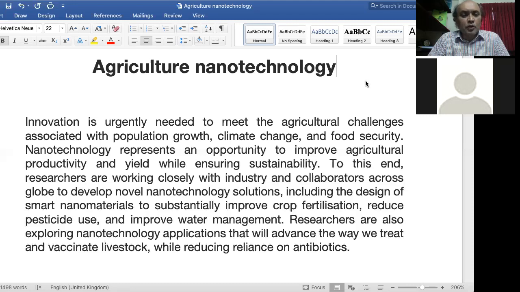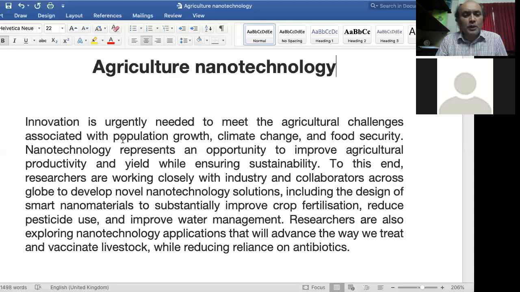And new innovations in nanomaterial production are very promising. Innovation is urgently needed to meet the agricultural challenges associated with population growth, climate change, food security. These are very important challenges in front of us. One is population growth. Another is climate change.